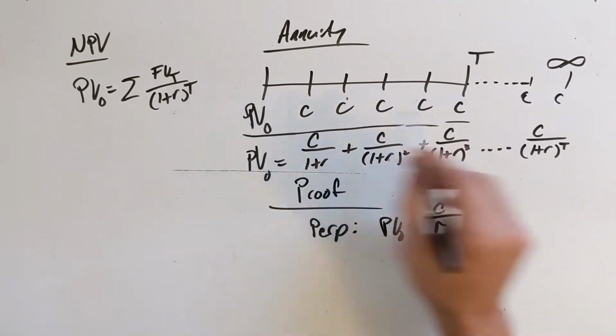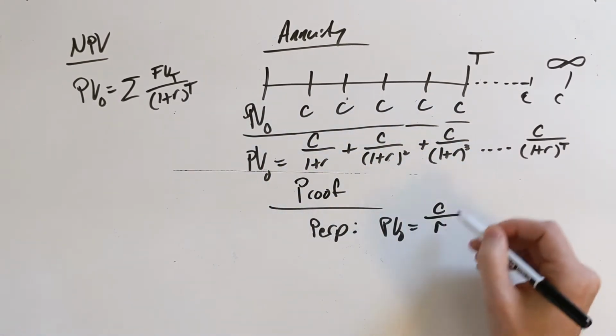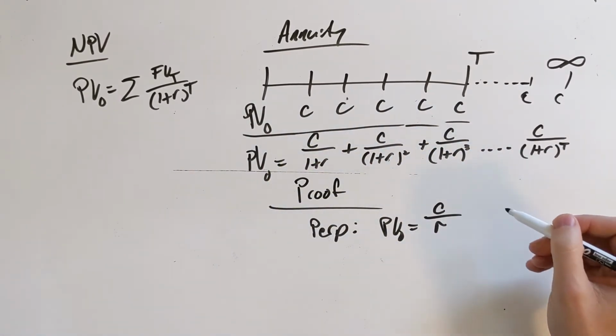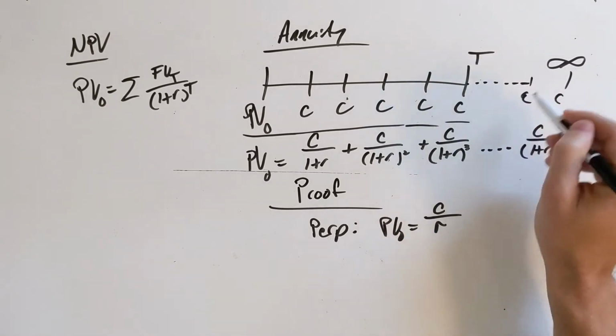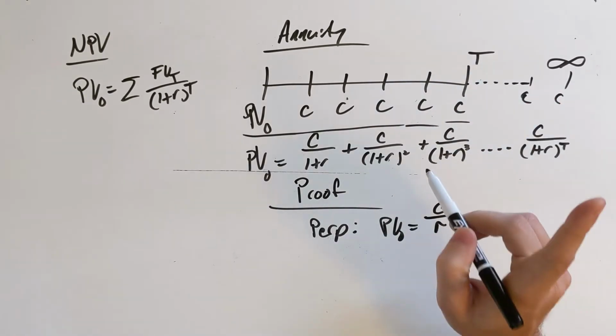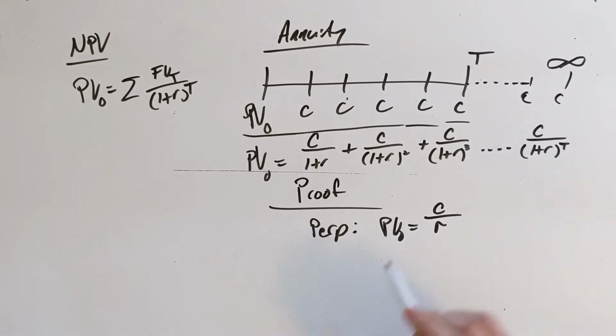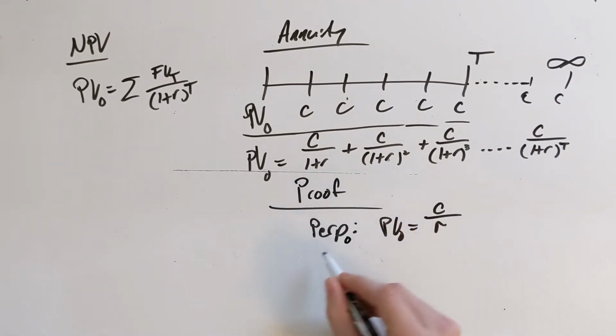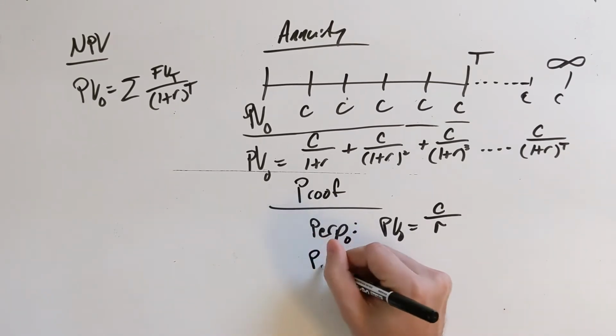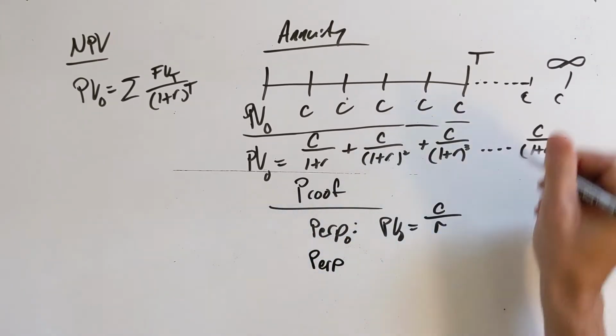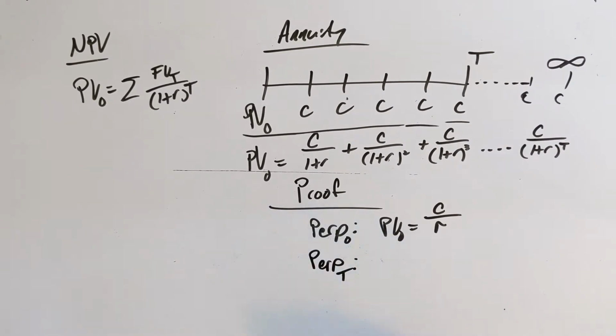If this is the value to infinity, the value that we want to chop off is actually another perpetuity. So if I call this the perpetuity that starts right now, I would also think of a perpetuity that starts at time T.